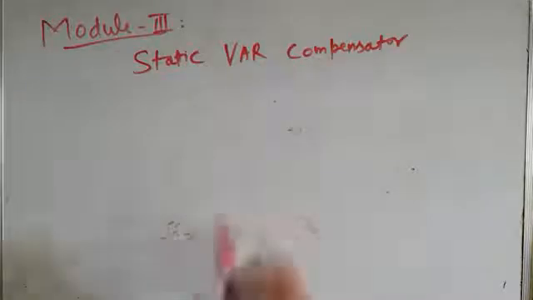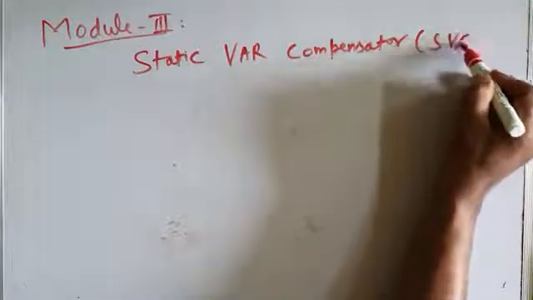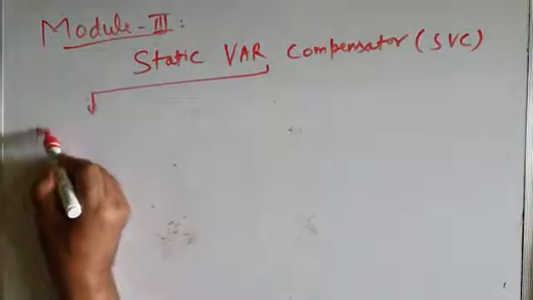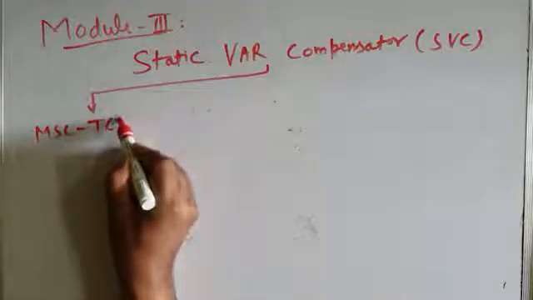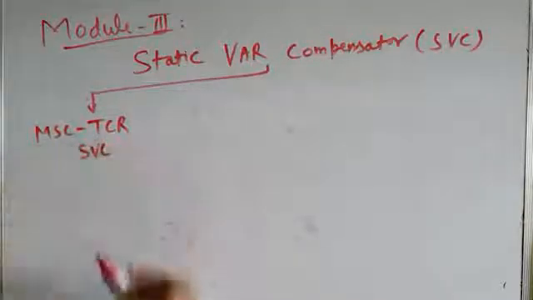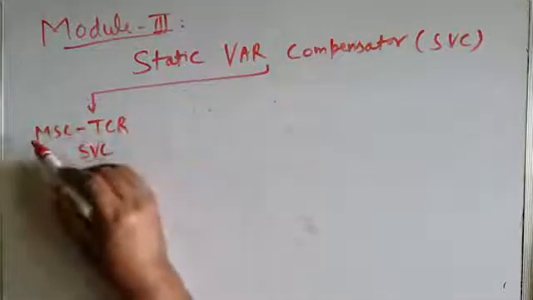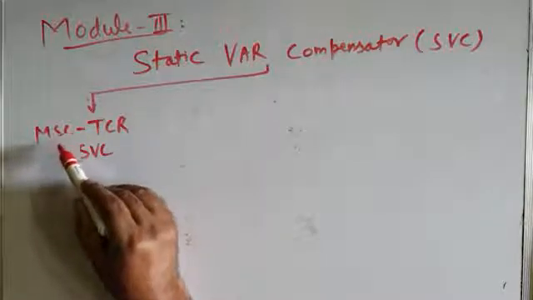Okay, so now the various types of static VAR compensators, which are also called SVCs. Number 1, mechanically switched capacitor, thyristor controlled reactor type SVC. An SVC which uses TCR for reactive power absorption, and which uses a capacitor bank, but the capacitor bank is mechanically switched.